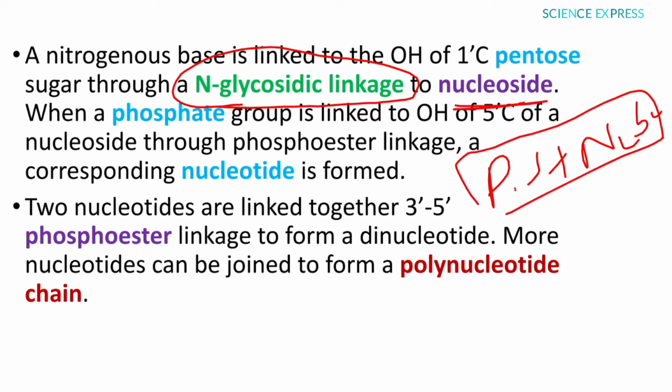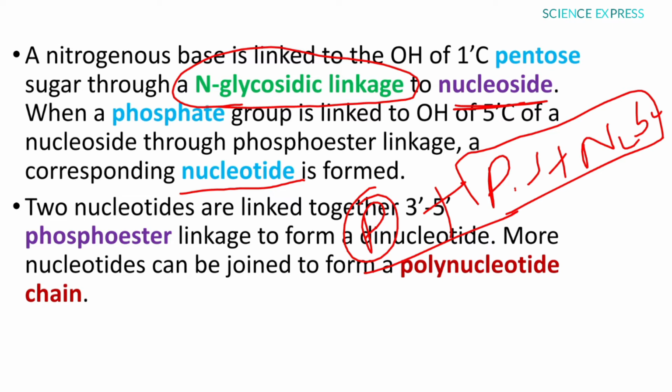When a phosphate group is attached to the pentose sugar and nitrogen base, that combination of three is called a nucleotide. The phosphate group is linked to the hydroxyl of the 5' carbon of the nucleoside through a phosphoester linkage, and the corresponding nucleotide is formed.